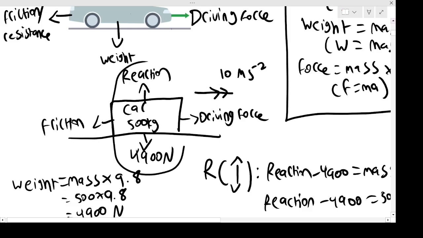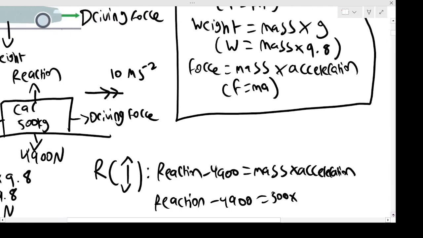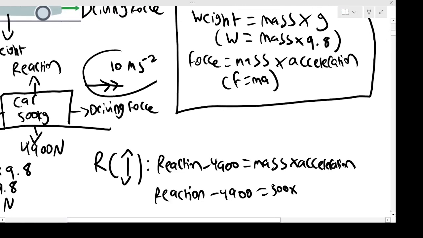But this is different. We're looking at the up and down direction, the vertical direction. There is no acceleration upwards. Okay, 0. So that means vertically there is no vertical acceleration, because this again is a horizontal acceleration.